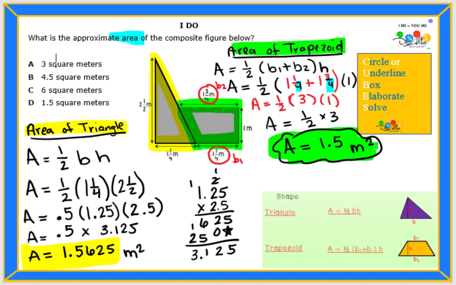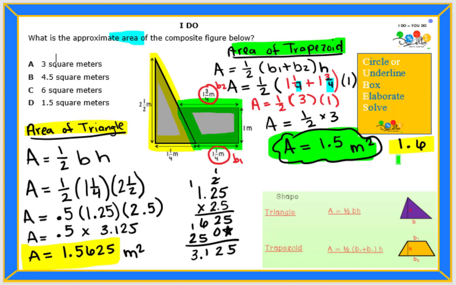I'm going to round that to 1.6. Do you see what I did? I took 1.5625 and rounded it to the nearest tenths because I see my answers are to the tenths place. And then I see that after the 5, there's a 6. So that's 5 or more, we add 1 more. So I rounded it up to 1.6.